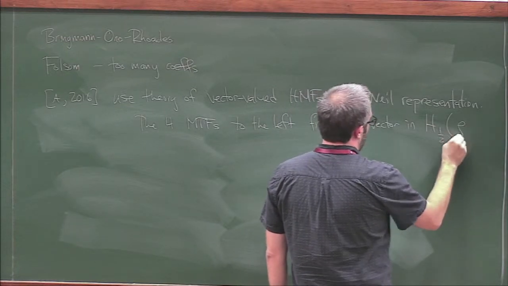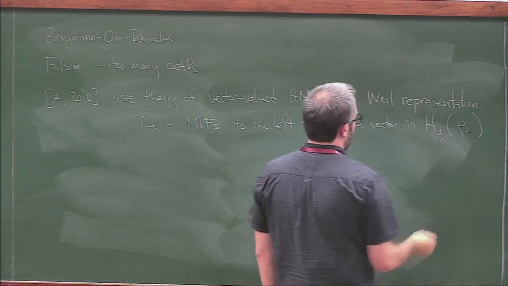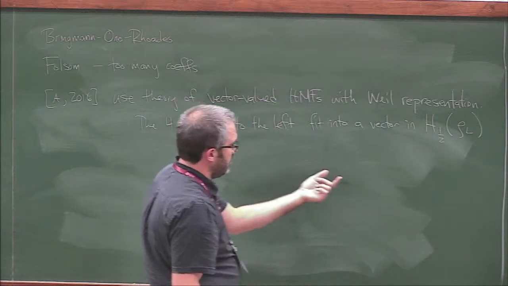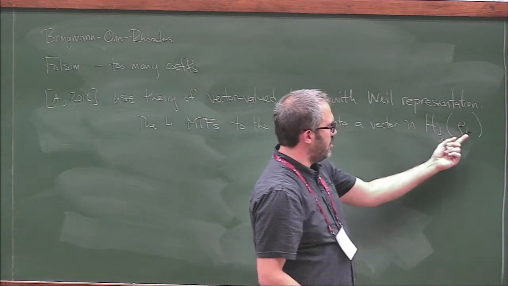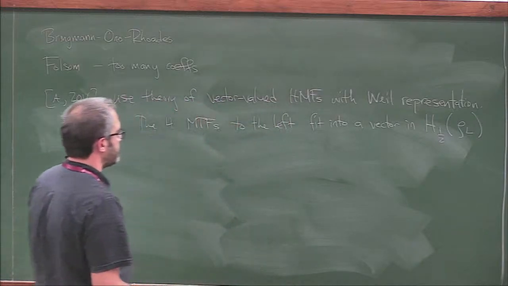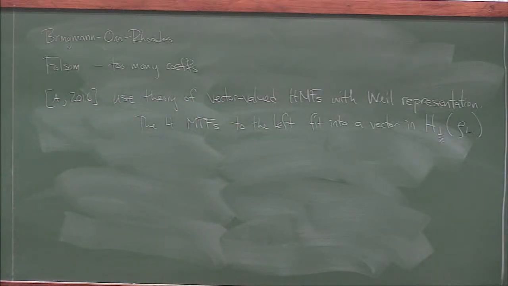And I'll write this notation, but I haven't defined what it means, that this is some representation associated to some lattice. So they fit into a vector in that space, and so do the right-hand sides.